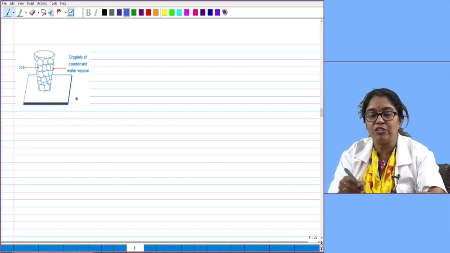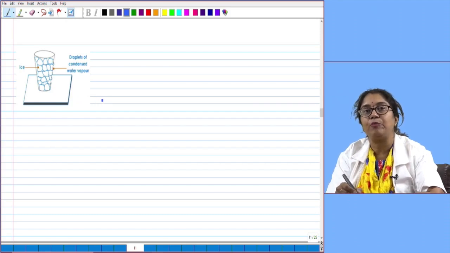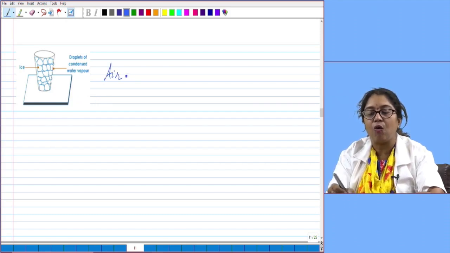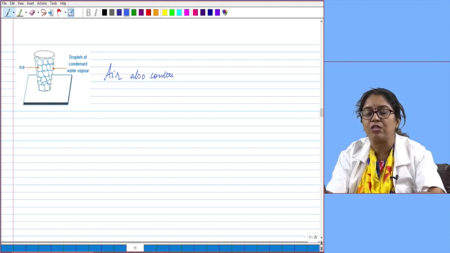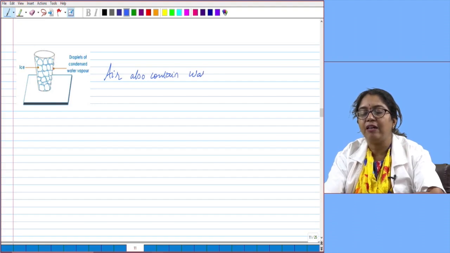Is that clear, children? So by this experiment we can prove that air also contains water vapor, which is again variable, children. The content of water vapor may be 0.4 to 4%, depending upon the temperature and so many things. Is that clear, children?